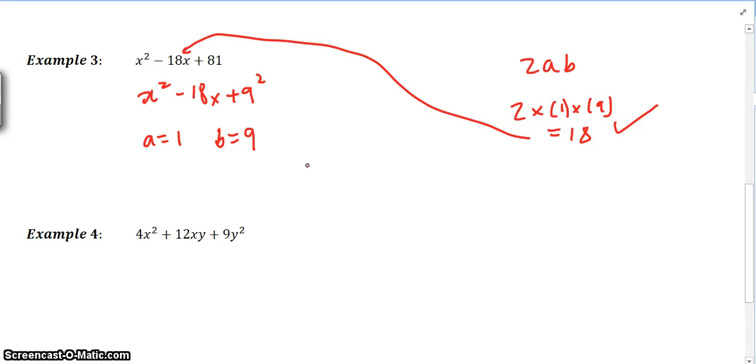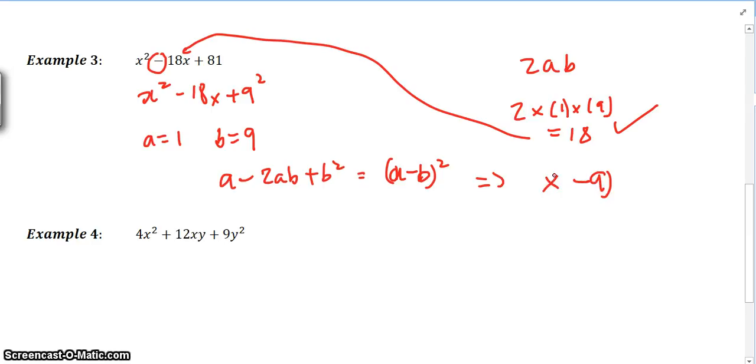Since it's a minus, we implement the a squared minus 2ab plus b squared rule, which is the same as saying (a minus b) squared, so this reduces down to (x minus 9) squared.